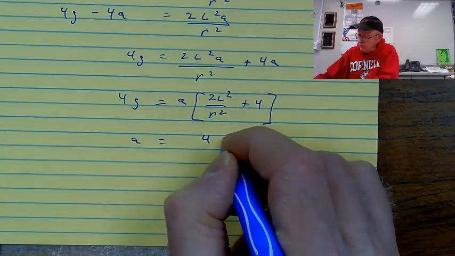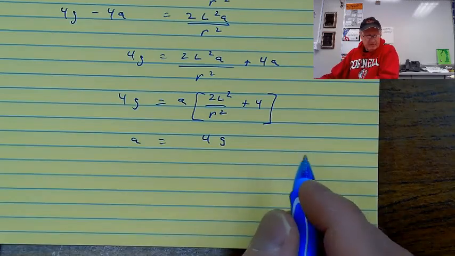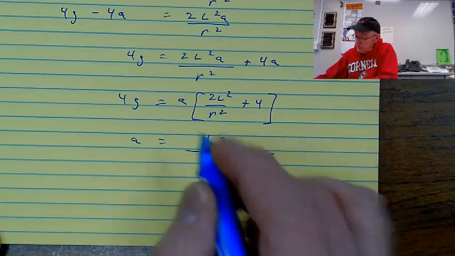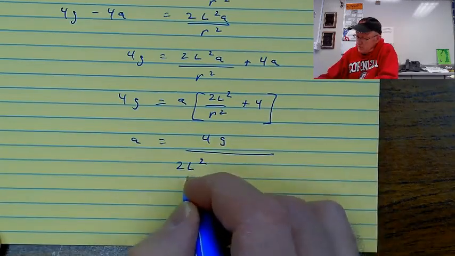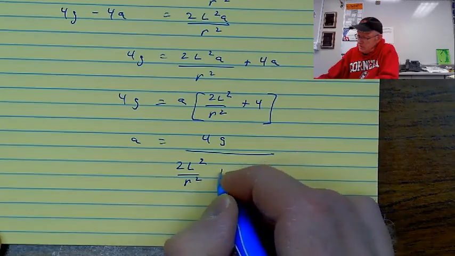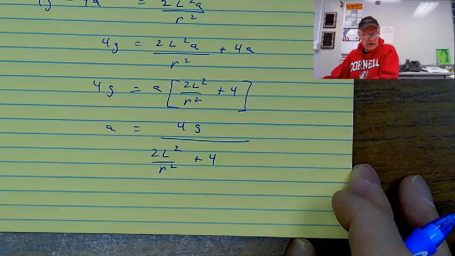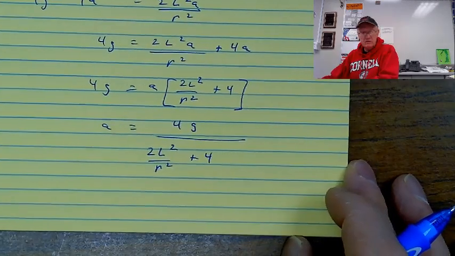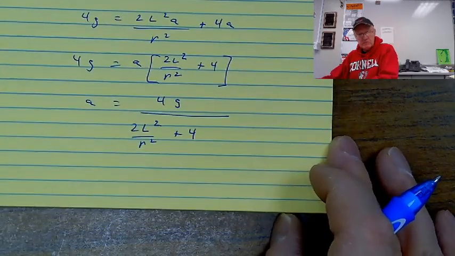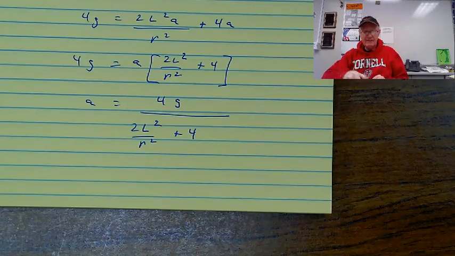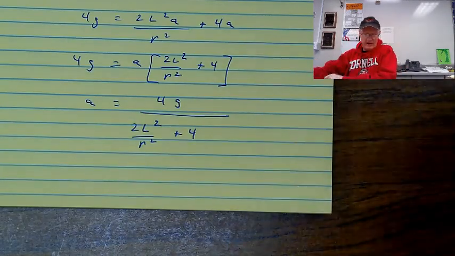divided by 2l squared over r squared plus 4. Now, if you got to that point, that's sufficient. It can be cleaned up, not happily. In fact, it kind of violates a rule of simplification. But I'll show you what they did. They multiply everything by r squared over r squared, top and bottom by r squared.